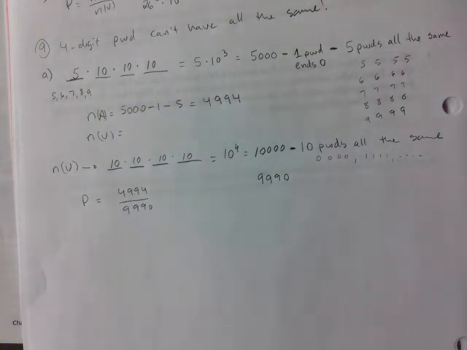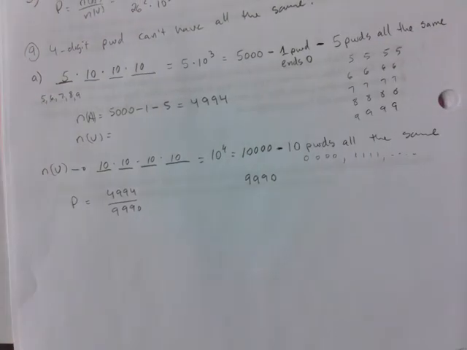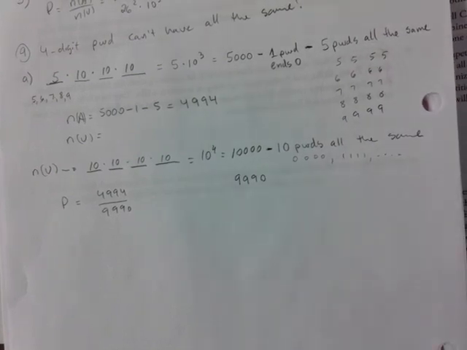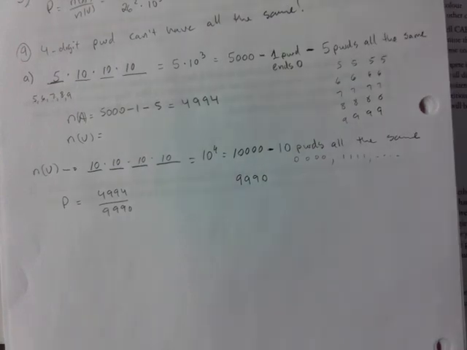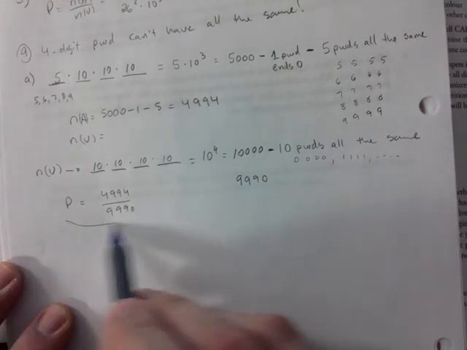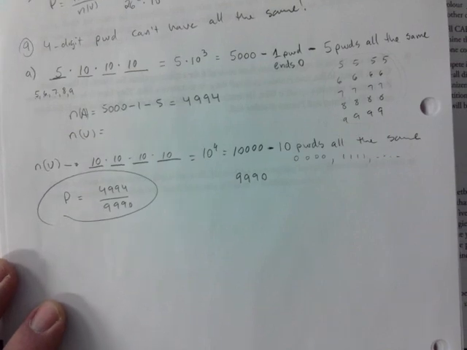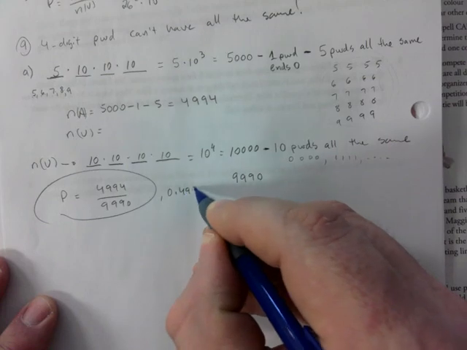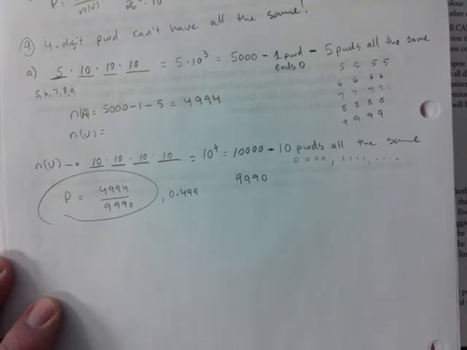That's 9A. Yeah, that's the answer. If I turn it into a decimal, that's 0.499. So that's good.